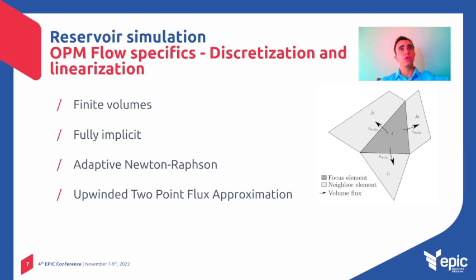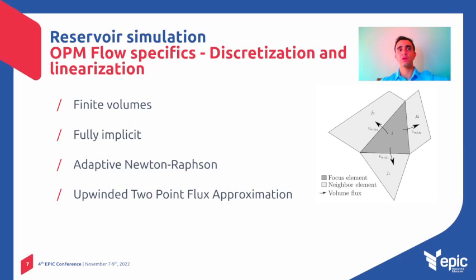So when you go to the discretization and linearization steps, Flow adopts finite volumes for the space discretization and a fully implicit method for the time discretization, and an adaptive Newton-Raphson method in order to work with this possibility of change in the primary variables along the simulation.